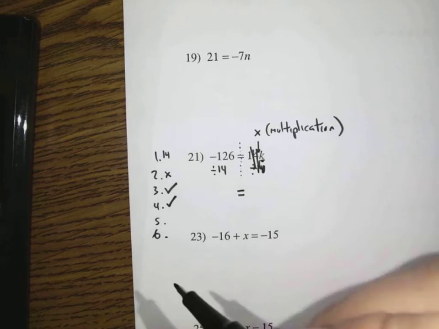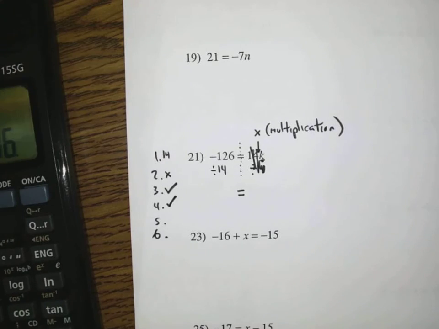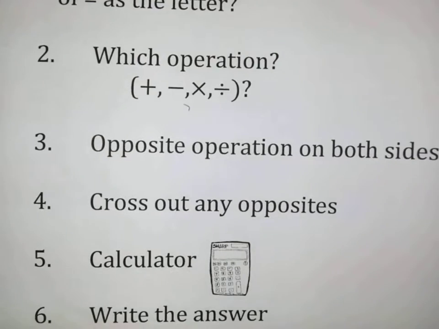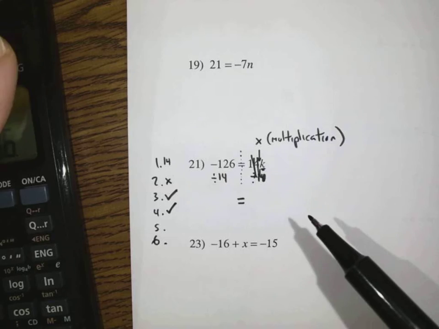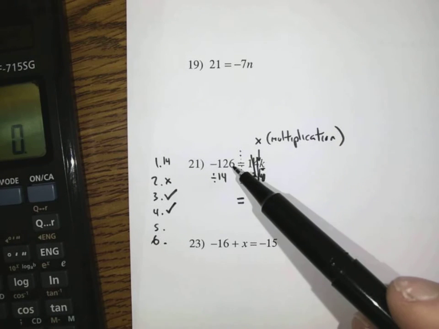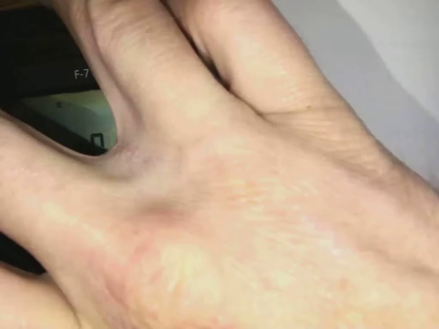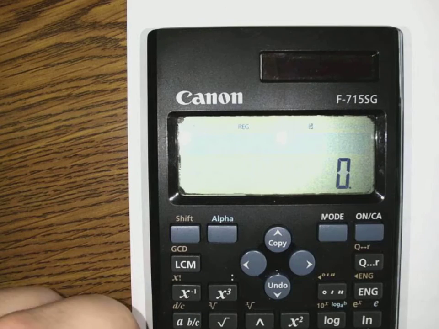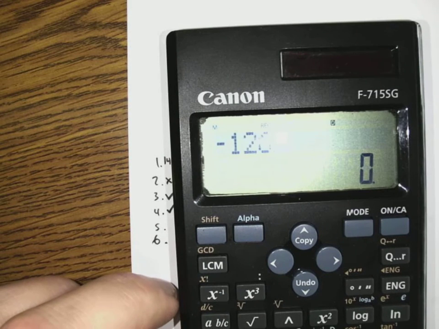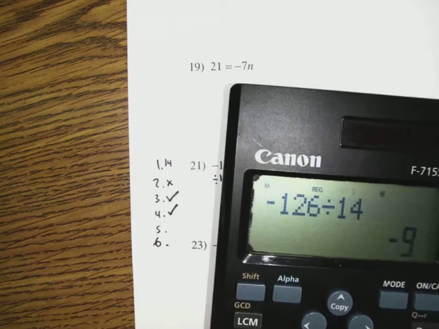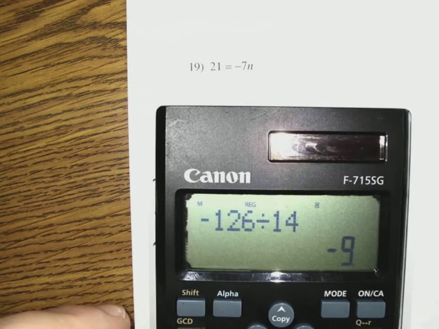Okay, and then step 5 is our calculator step. So now we can go to the calculator, and we can say negative 126 divided by 14. How big is that? 126 divided by 14. Oops, there's a little bit of glare. And we get that it's negative 9.